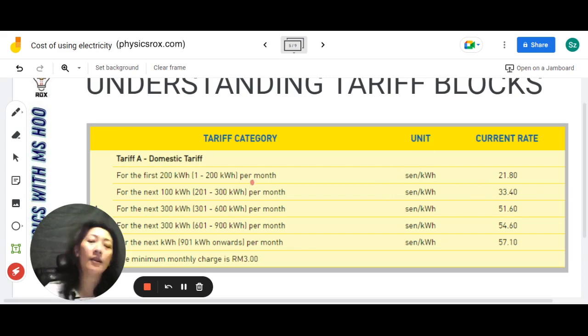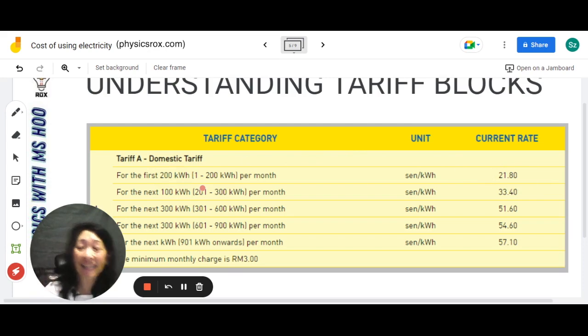You can see here that the lower it goes in the table, the higher the number. This means that the higher the usage of electricity in that particular bill, the higher the rate would be. What does this mean? This means that for the first 200 units you've used, for example in your household, those first 200 are calculated at 21.8 cents per unit.